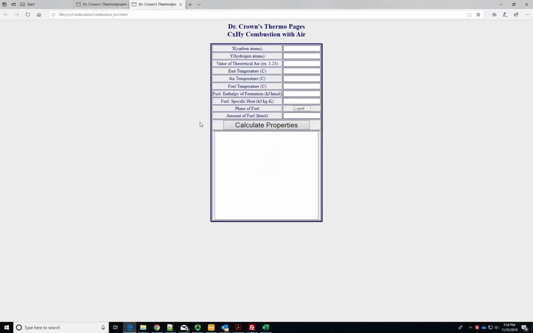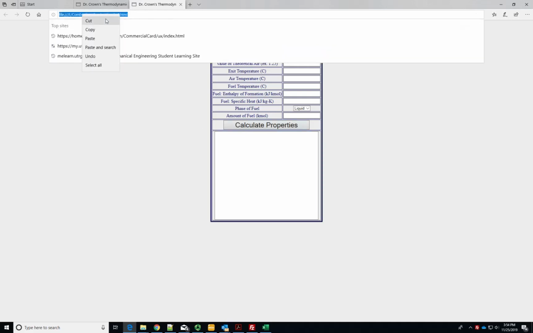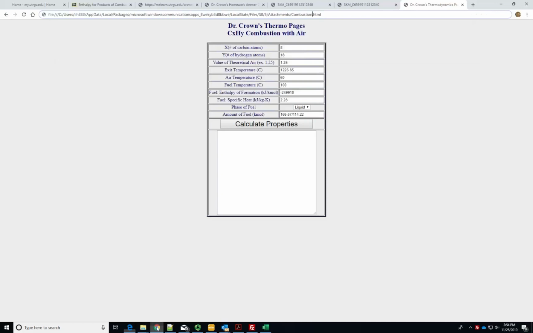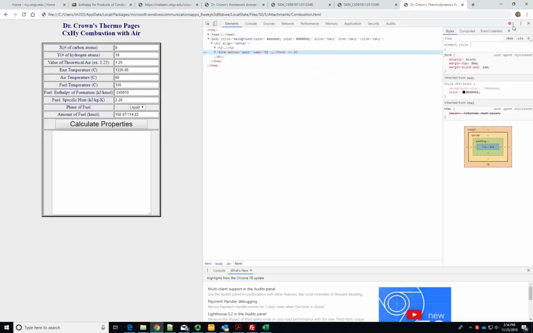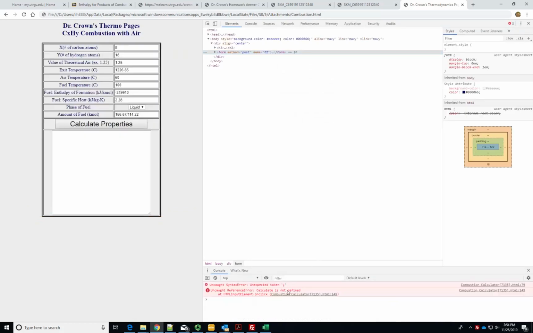I believe it's this one, and I want it to open in Chrome. While I'm here anyway, if I right click and choose inspect, it'll show me that I have an error, something I typed wrong, and I'm missing a semicolon somewhere on line 79.